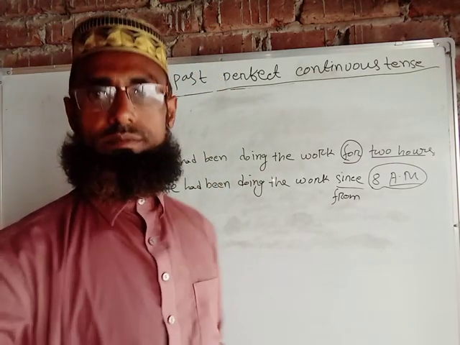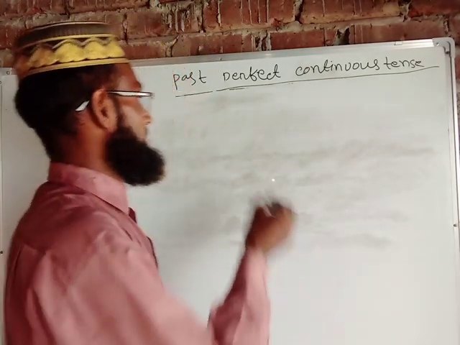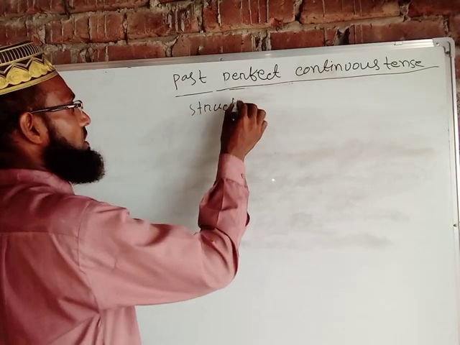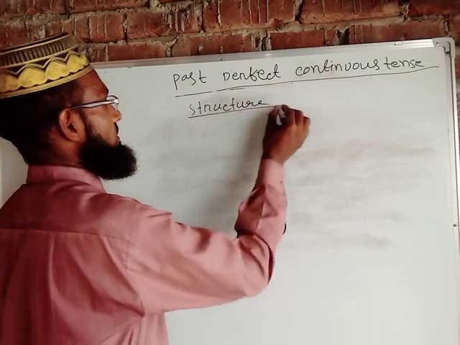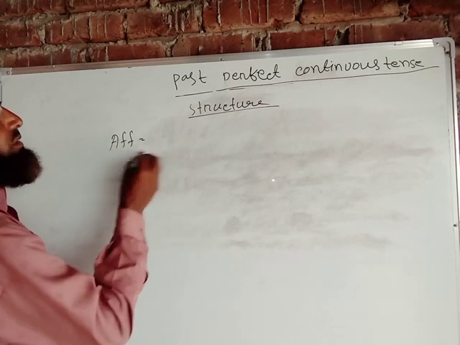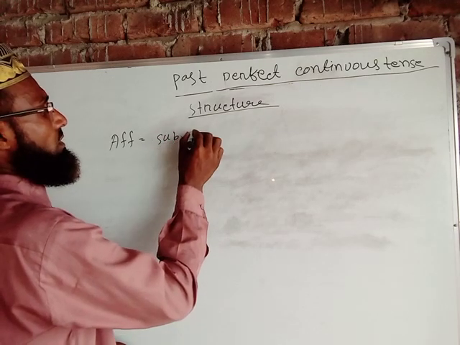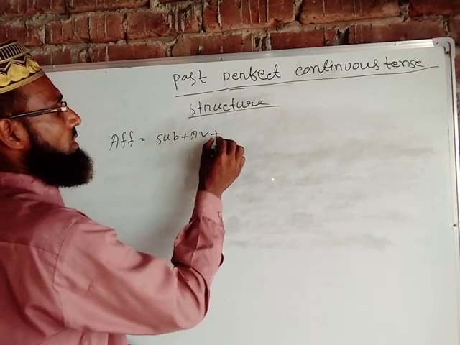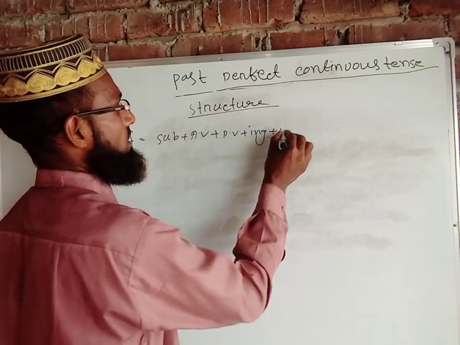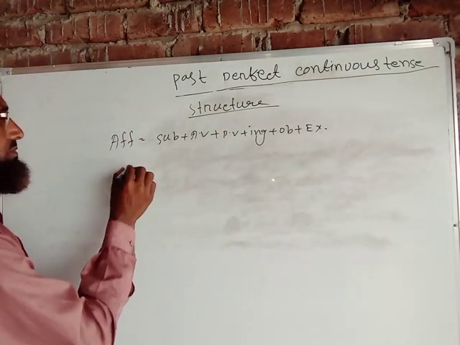Okay, student. Dear student, look at the blackboard. Structure. Affirmative: subject plus AV plus PV plus ING plus object plus extension.